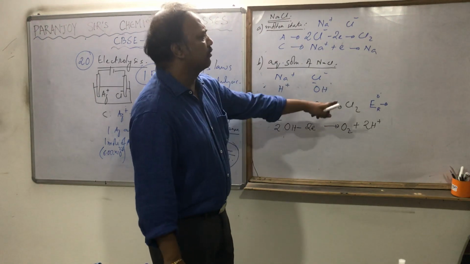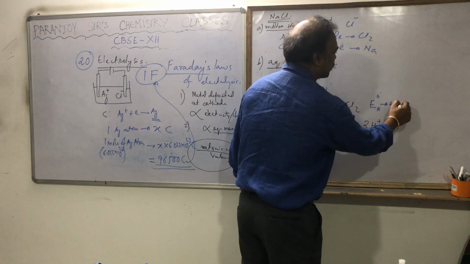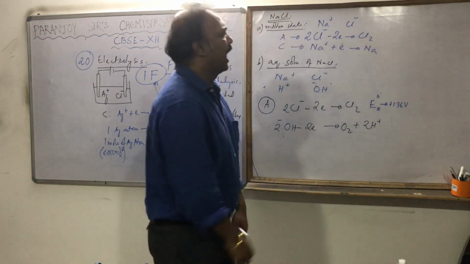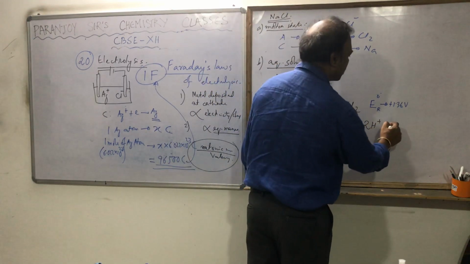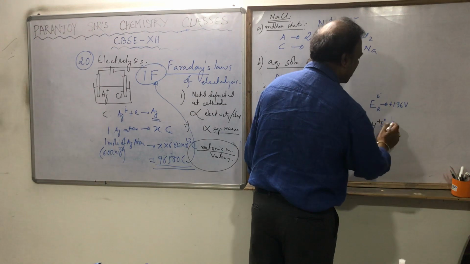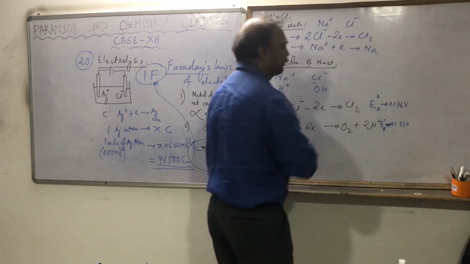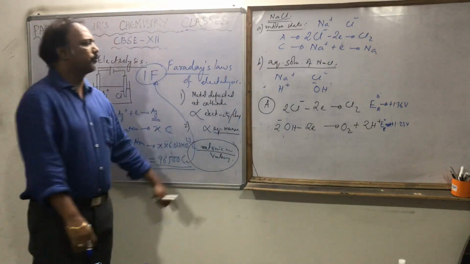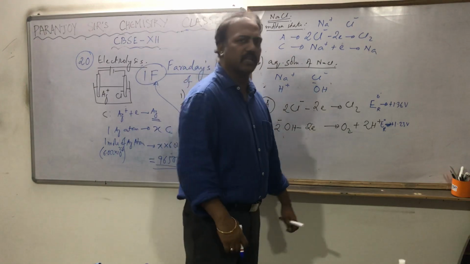The electrode potential value for this is given as plus 1.36 volt, and the electrode potential for the other reaction is given as plus 1.23 volt. But what is taking place over here? Oxidation is taking place.